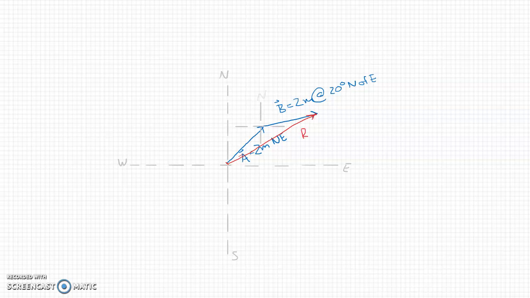And this would be my resultant vector. This would be the summation of the vector A plus the vector B, and that's going to give me the vector R, or what we call the resultant vector. We'll get into more details later on how to actually do this mathematically. The purpose of this video is really just to introduce the concept to you of how vectors actually combine together.